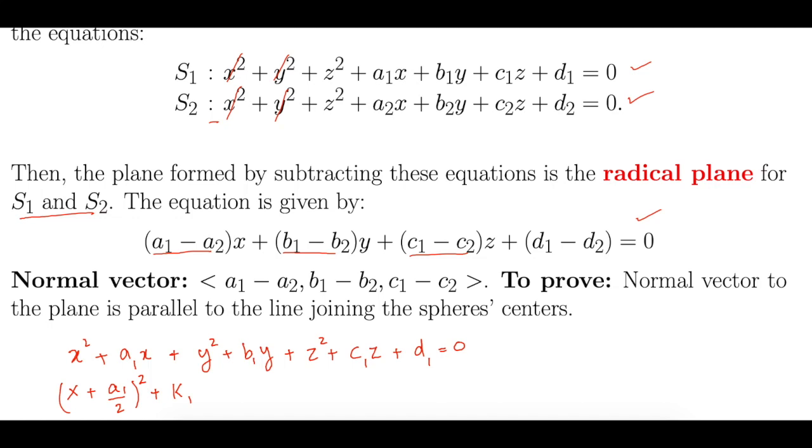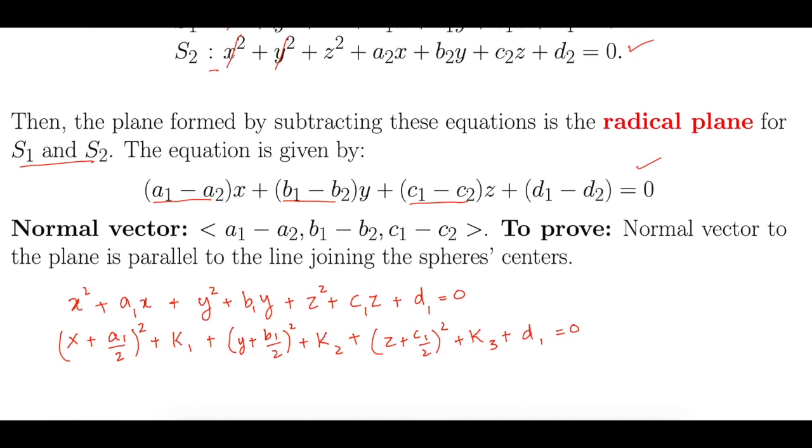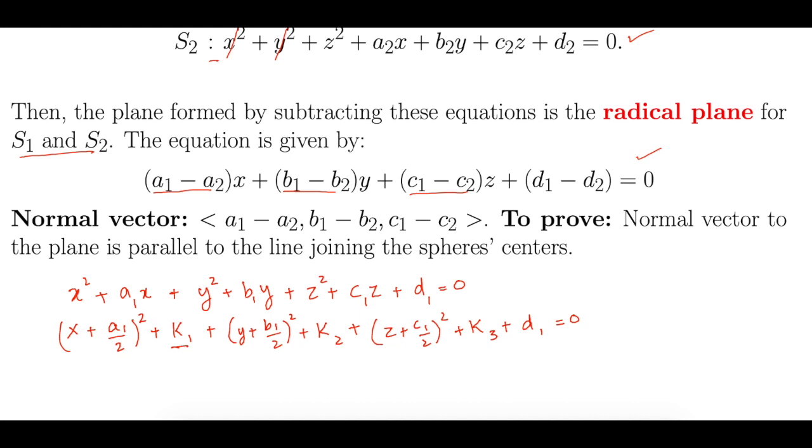Similarly, I can write (y plus b1 over 2) squared plus some k2, plus (z plus c1 over 2) squared plus k3, plus d1. Now you can appreciate that I can absorb k1, k2, k3 into d1.